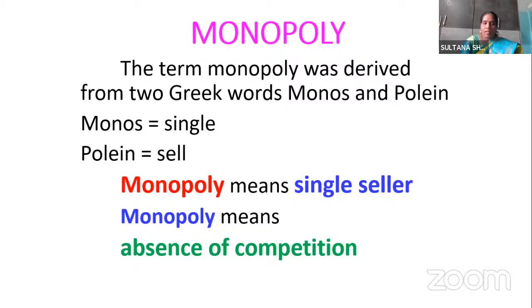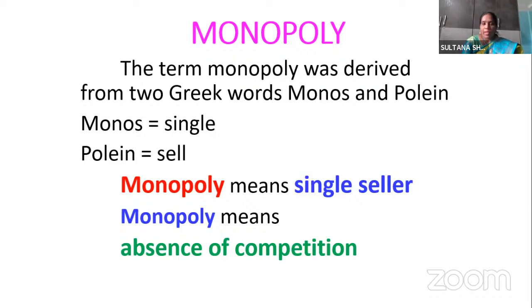Polyn means seller. Single seller market is known as monopoly market. Here, absence of competition we can observe. Competition is nil. Only one seller. No competition is there. That's why absence of competition we can observe under the monopoly market.